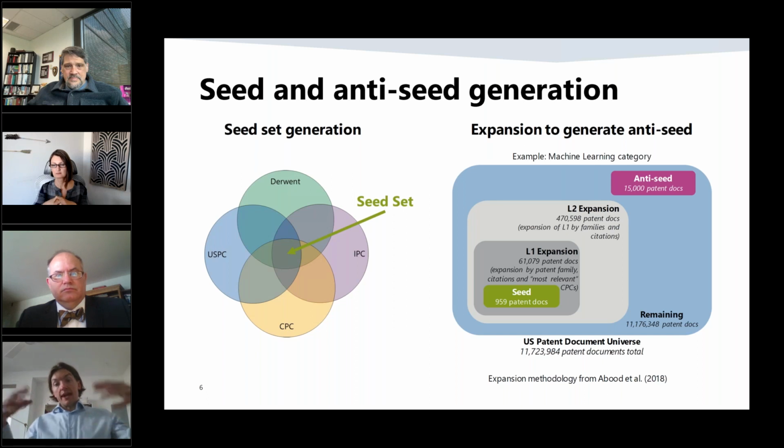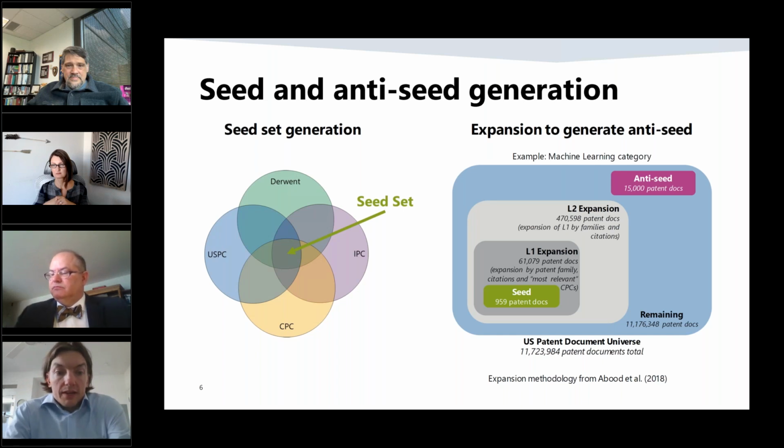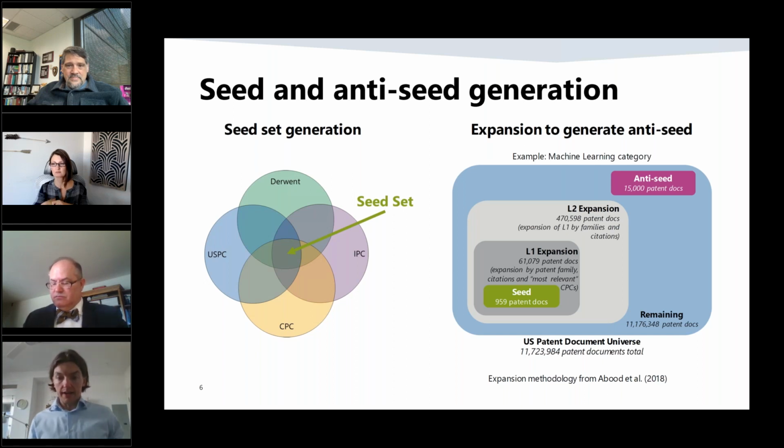Then you expand away from that, and hopefully you get far enough away that you're identifying documents that aren't anywhere in the technology of interest. So it's semi-supervised in that sense. You're not randomly sampling documents or labeling documents with people at this stage. It's semi-automated.